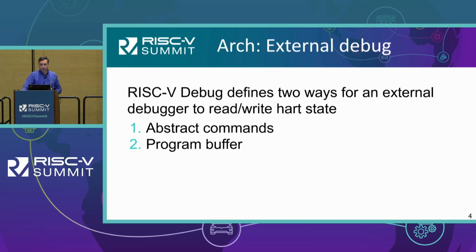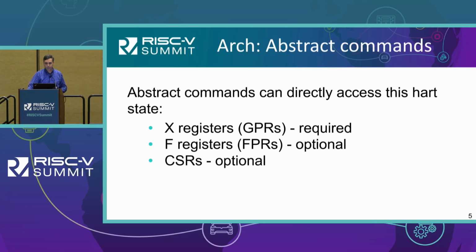The debug architecture is essentially two separate external debug mechanisms. There's abstract commands and there's the program buffer. Architecturally, either one or both could be implemented. Abstract commands can directly from the external debugger access the hart state mentioned here.